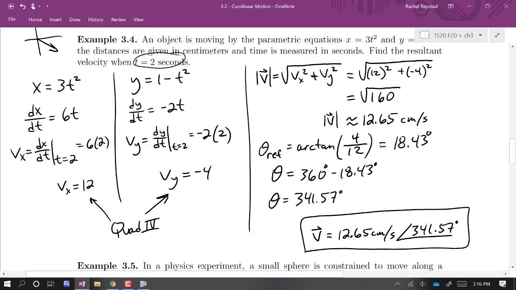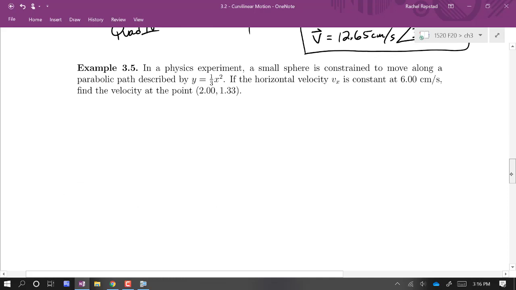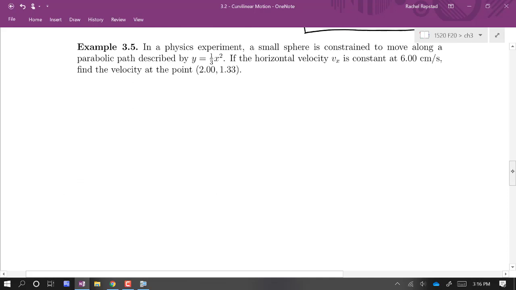Okay. Some of the problems are like this one in that they'll give you the pair of parametric equations. Sometimes we get problems where they describe the path by giving the rectangular equation we're used to. Rectangular equation just means y is a function of x. So here they've told us the path is 1/3 x squared.